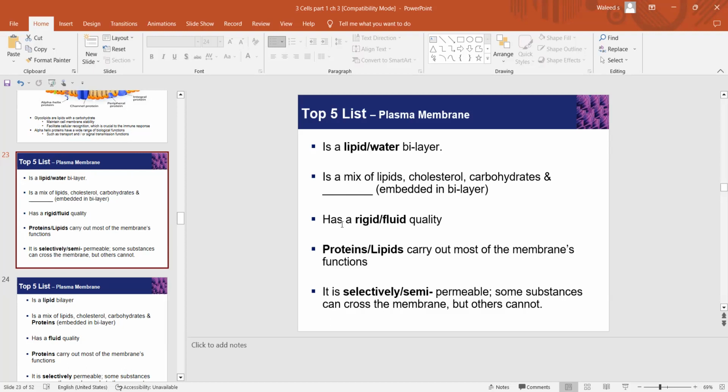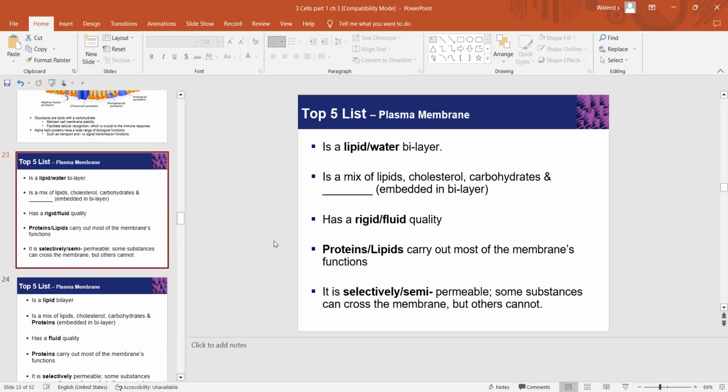Still talking about the membrane. Is the quality here rigid or fluid quality? Fluid quality? It is fluid. If it is rigid, it will be broken down and it cannot allow the exchange. Is it protein or lipid that carry out most of the membrane's function? Not the main bulk. I'm talking about the function.